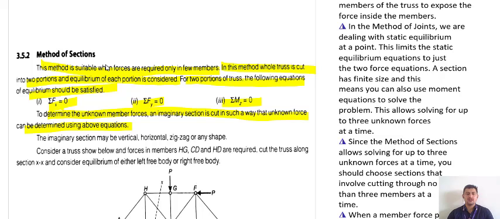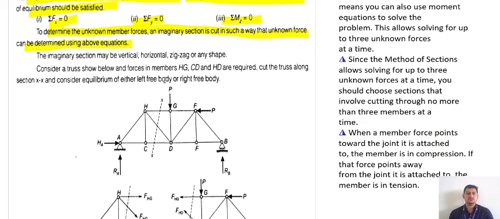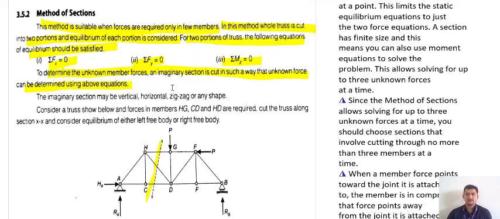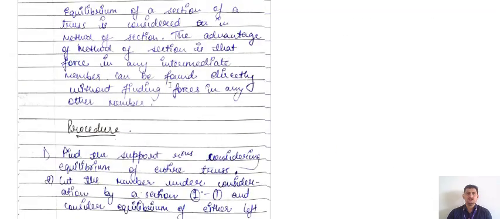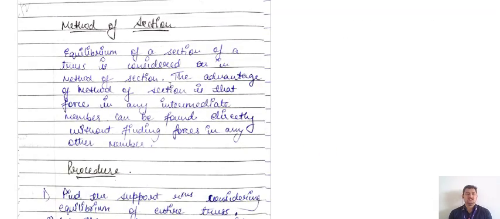Suppose this dotted line in this diagram, if this is a truss and I want to calculate the force in member HG, for example, I have cut a section such that it divides the truss into two parts. In that case, I can easily calculate the force in member HG. Basically, this method comprises the equilibrium of a section of a truss.